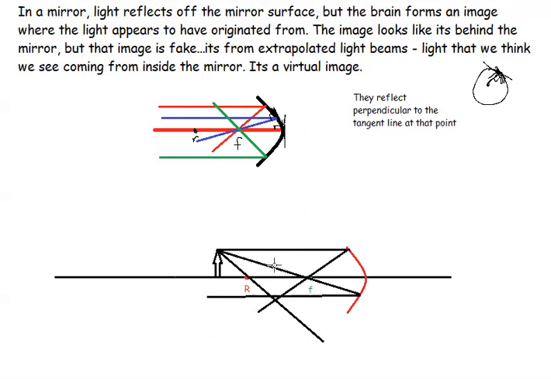And then our second one went through the focal point and reflected back exactly horizontally, and then through the radius exactly. So these three meet up right here. So we have our answer: the tip of our arrow, because that's the point of the object that we were reflecting the lines from, is going to be where these meet.